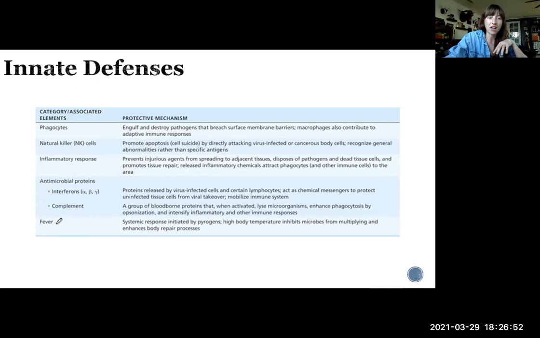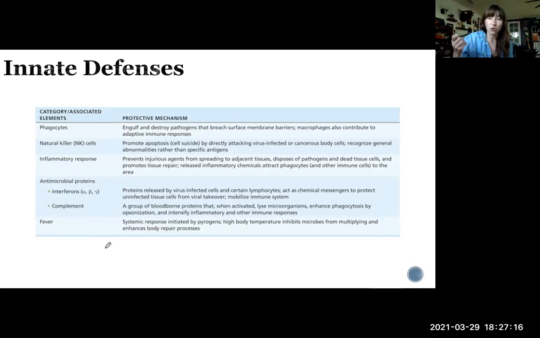The last one is fever, which is really interesting. Some of your immune cells, this is systemic, so this is not localized to the area of the cut. It's a different thing than the heat associated with a cut or an injury, the inflammation response you would see there. Fever is systemic, throughout your entire body.